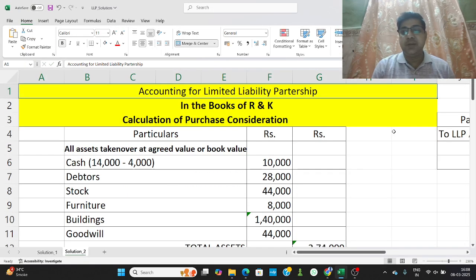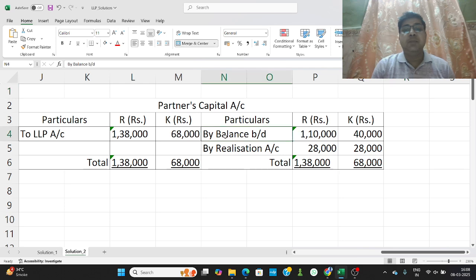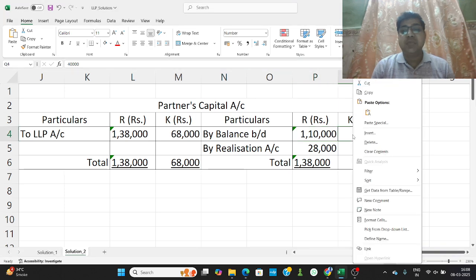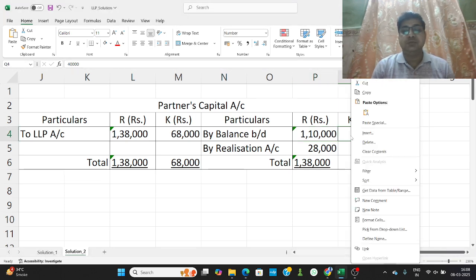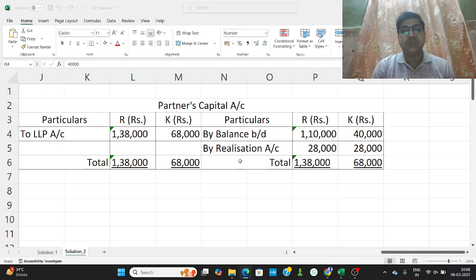Therefore, we already prepared the partners' capital account with balance brought down on the credit side. We have to record R's capital 1,10,000 and K's capital 40,000. It means all items of this balance sheet are recorded and posted.